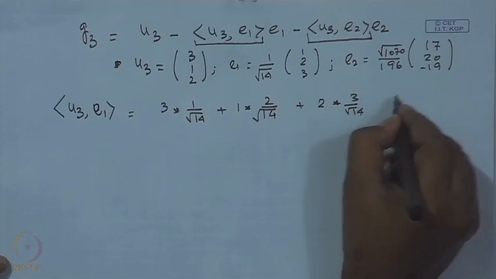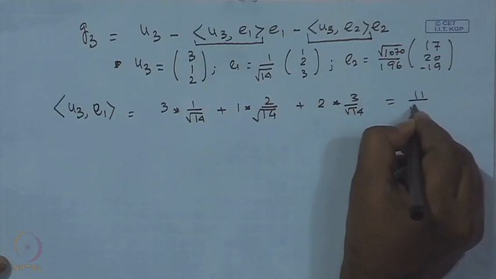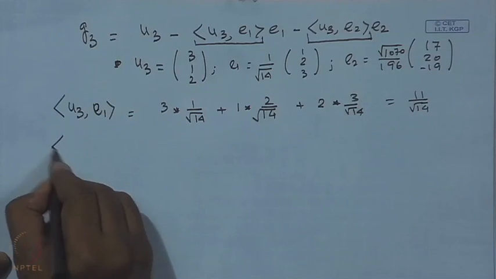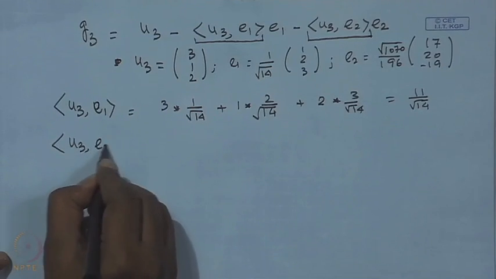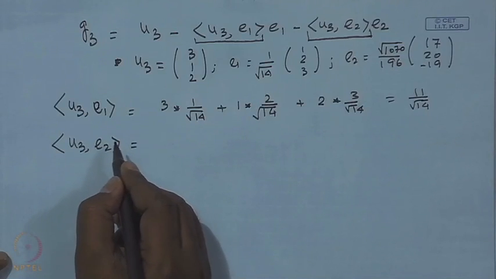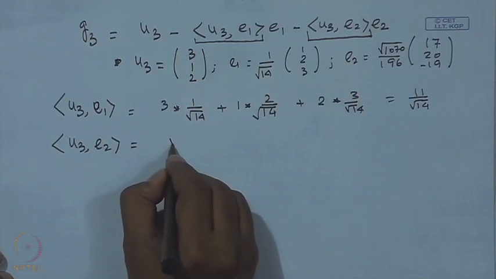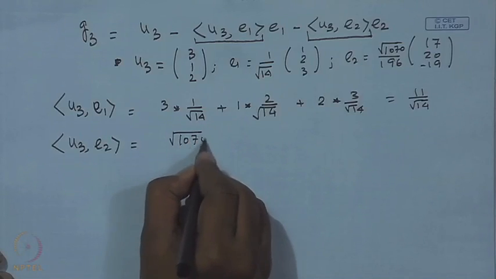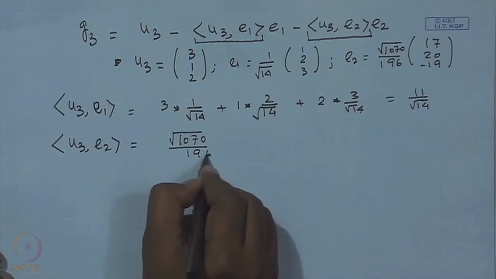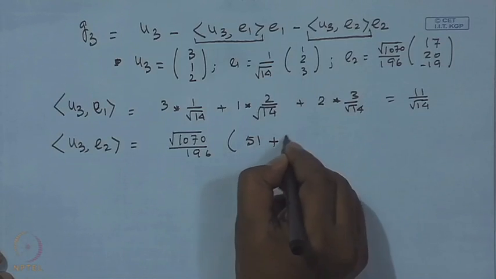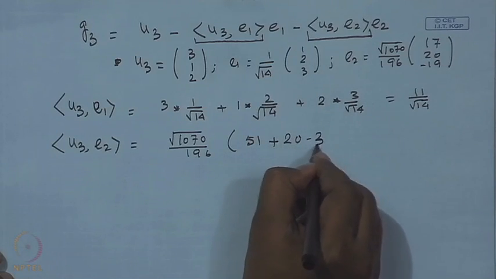So, this becomes 11 by root 14, and the inner product of U3 and E2 can similarly be calculated as root over 1070 divided by 196 multiplied by 51 plus 20 minus 38.